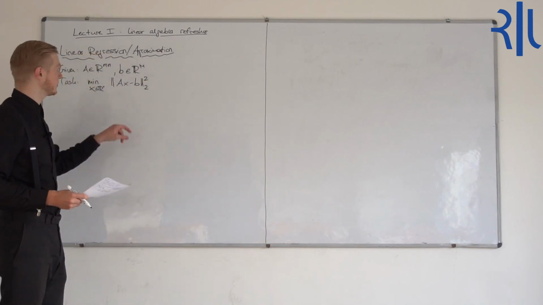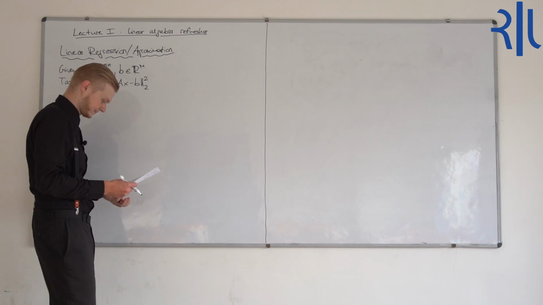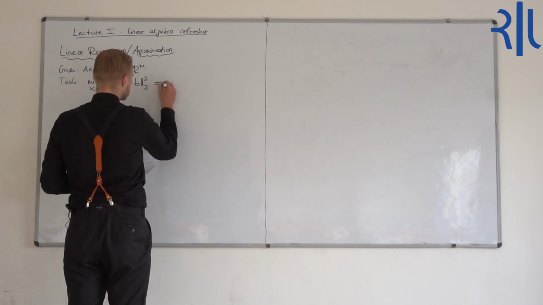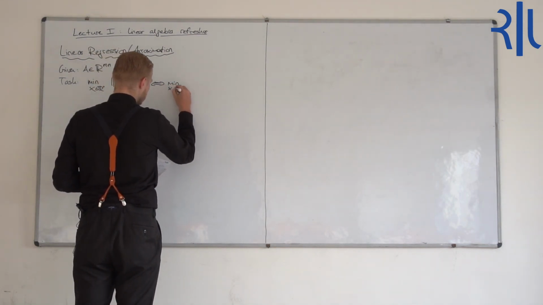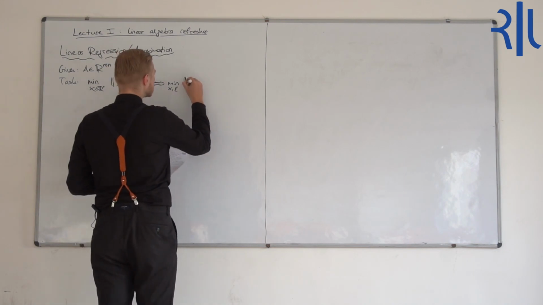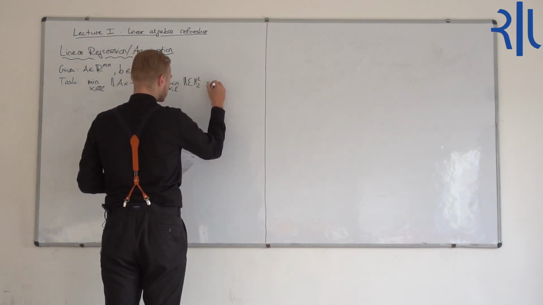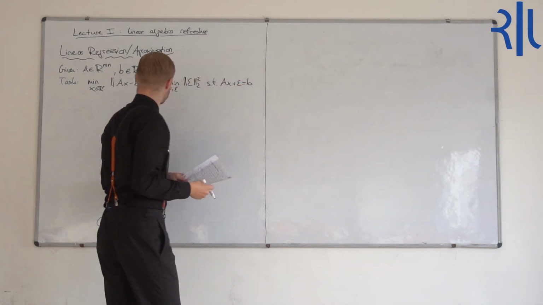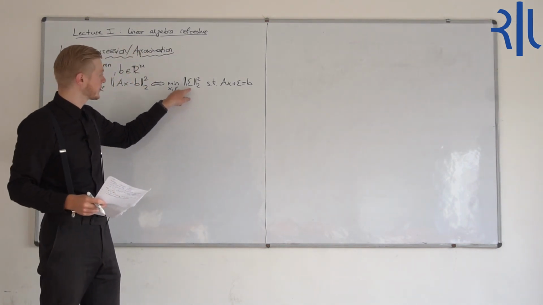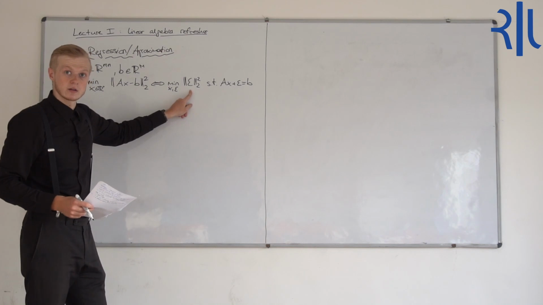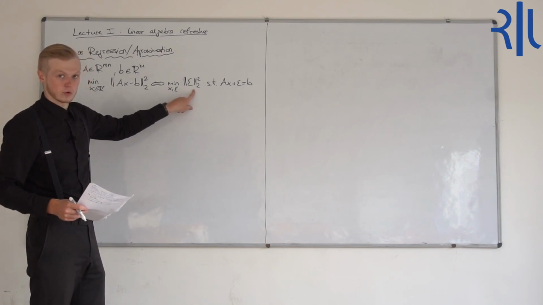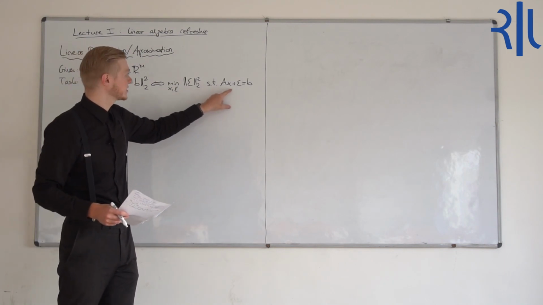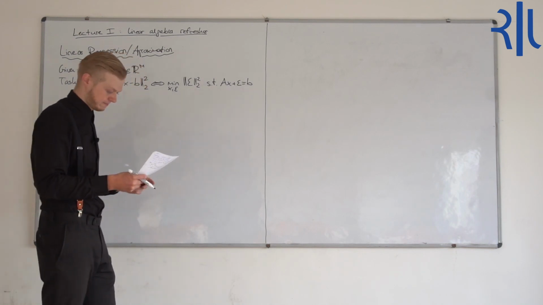And this is the same as minimizing the squared distance. We can also write that problem in terms of the error that we call epsilon. We want to minimize the squared length of epsilon, or the sum of squared entries in epsilon, subject to the constraint that A times x plus epsilon has to be equal to b.